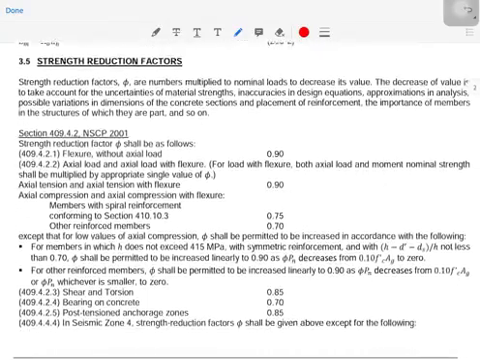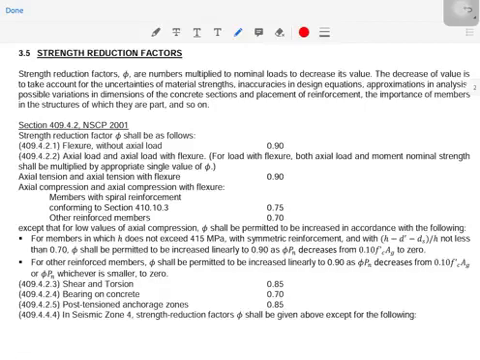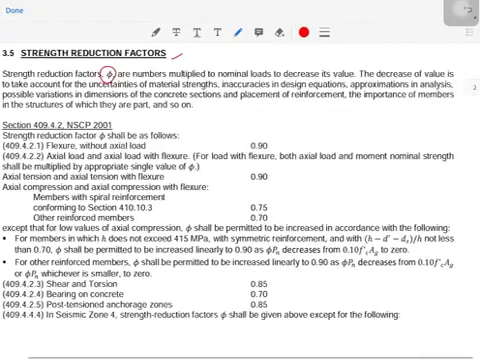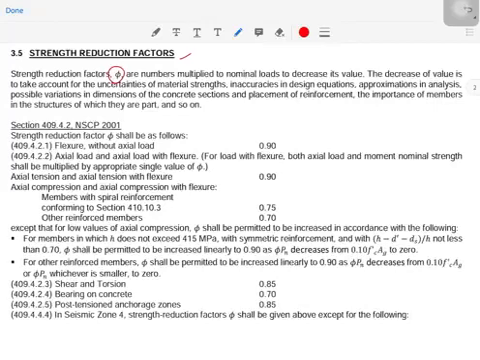Okay, so aside from the differences between the load combinations and load factors in NSCP 2010 and 2001, there are differences as well in the strength reduction factors. I already introduced this one earlier, that is the φ factor. These are numbers multiplied to nominal strengths to decrease their value.